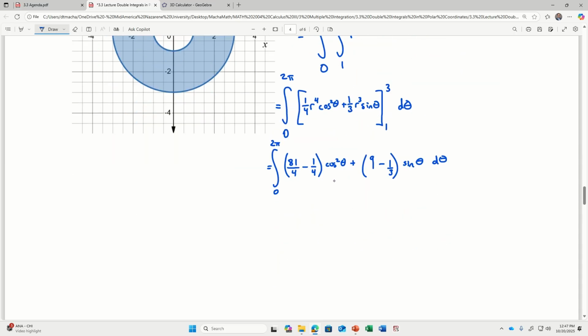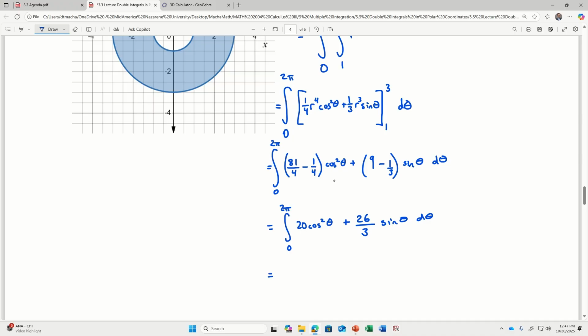And 81 minus 1 is, sorry, this is 80. 80 divided by 4 is 20. So we'll write that as 20 cosine squared theta plus 9 minus a third is 26 thirds sine of theta d theta.